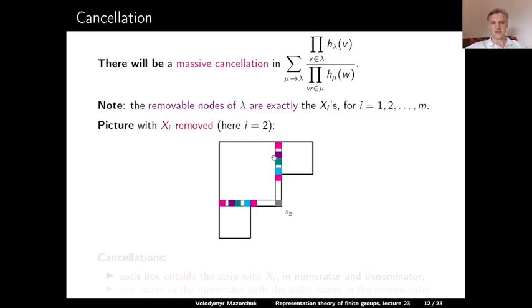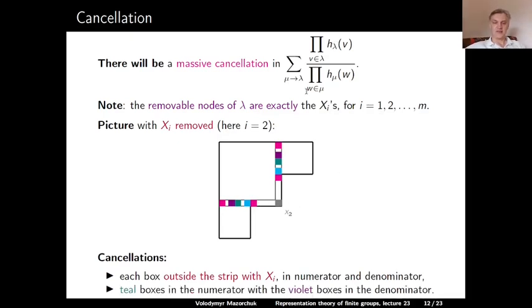So for any box outside of this row and this column, the corresponding factor in the numerator and in the denominator just cancels. Each box outside this kind of inverse hook for x2 cancels in the numerator and the denominator. But there is even more. The teal boxes for lambda, so there is a hook here in lambda for the teal box, it has exactly the same length as the hook for the violet box in mu.